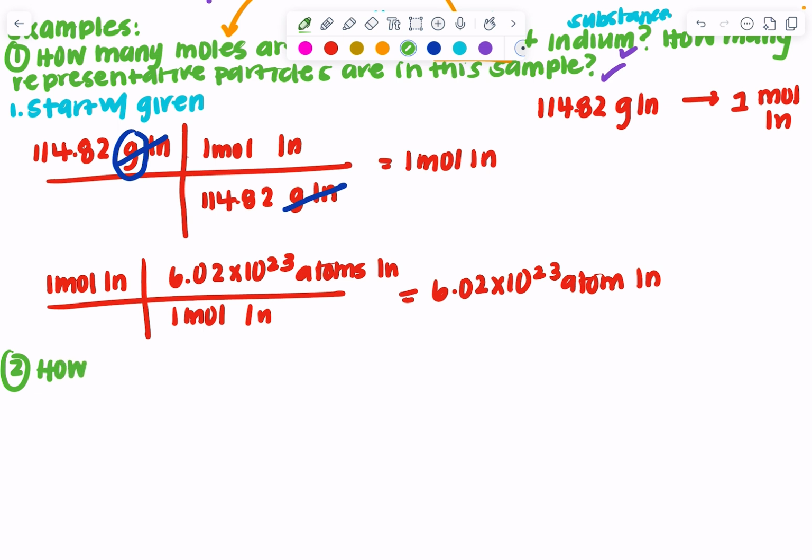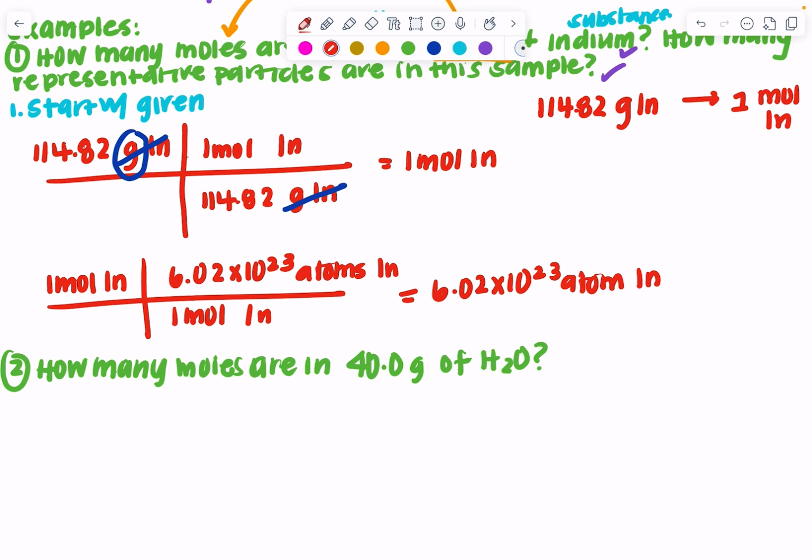Let's do how many moles are in 40 grams of H2O. First things first, we're always going to start with what we're given.